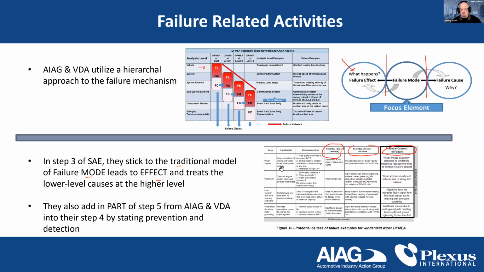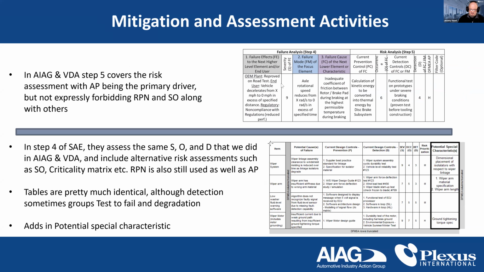Now, when we go into risk analysis, in step 5 of the AIAG VDA, when it comes to DFMEA, there is a new version of driver. And because we had just as many folks familiar with the AIAG VDA as we're familiar with 4th edition, you know that there is a new thing called an action priority.